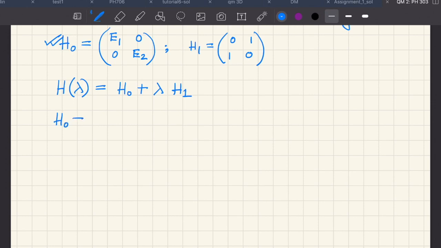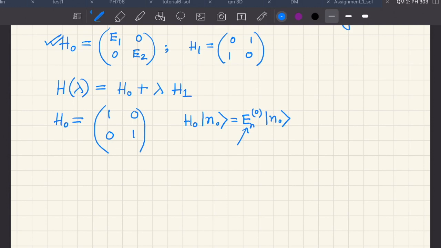So for H naught we are choosing 1 0 0 1 to start with. It is a Hamiltonian which is diagonal, so the diagonal elements are its eigenvalues. That means if we write H naught acting on n naught equals E n naught times n naught, then these E n naughts are 1 and 1 respectively.